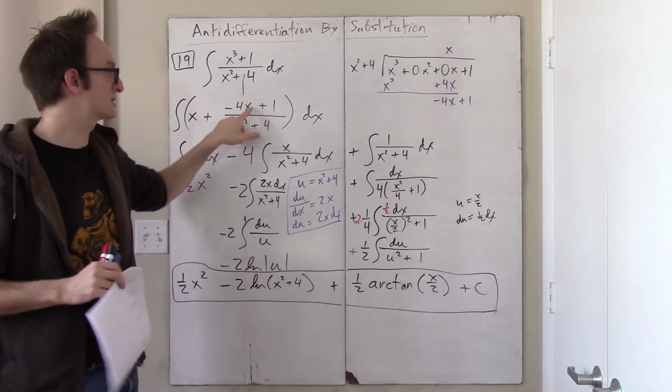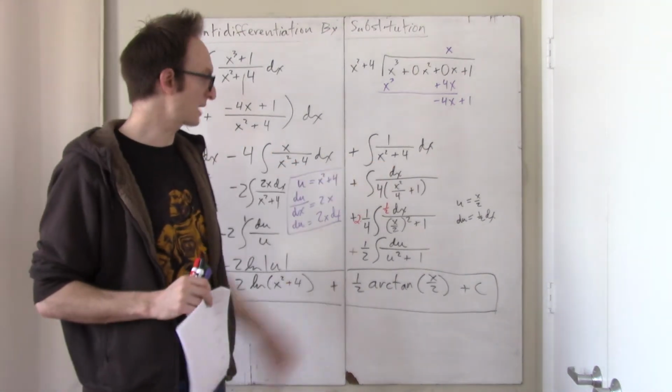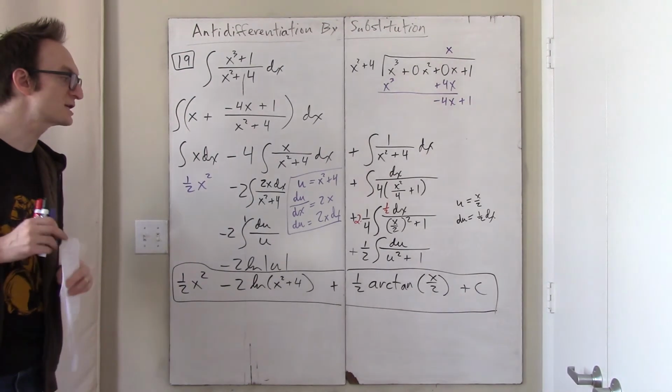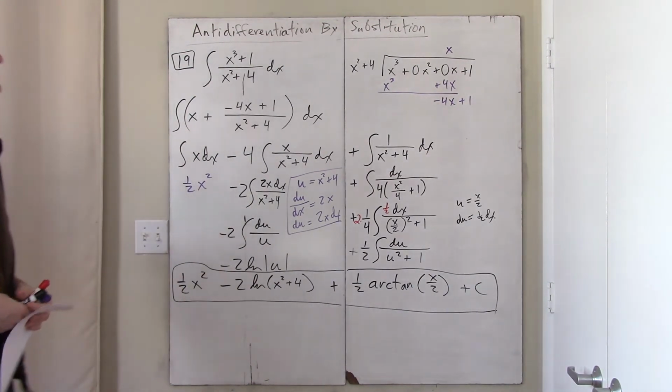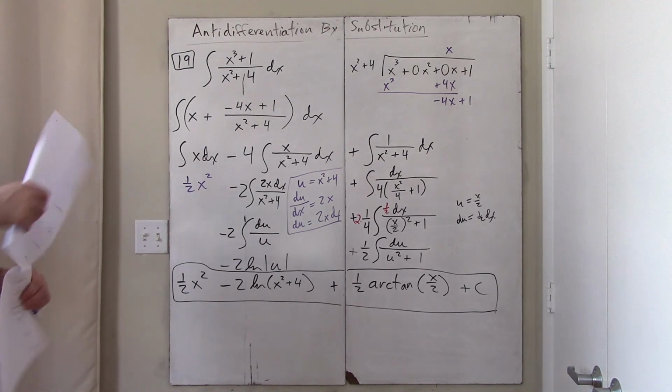If it isn't the derivative, it can be further broken up, and you can use your imagination to see how far this process will take you. Can you now antidifferentiate almost any rational function? No, but almost. Okay, so good.